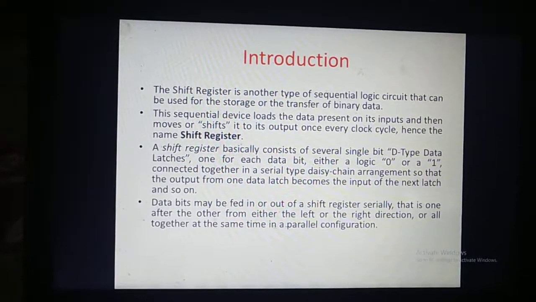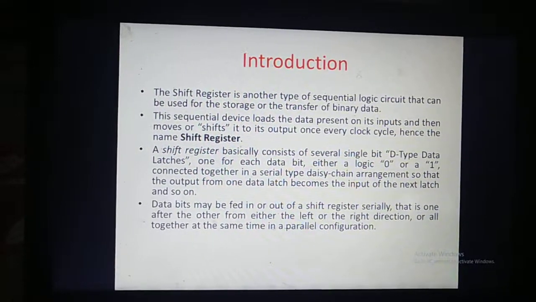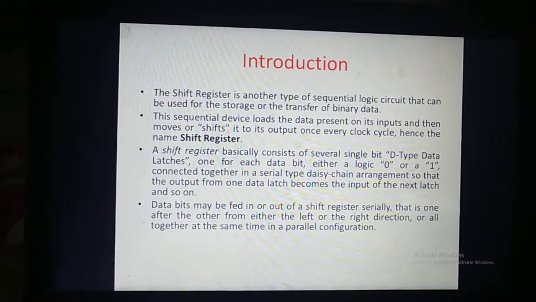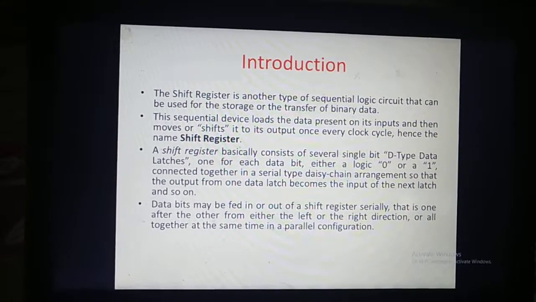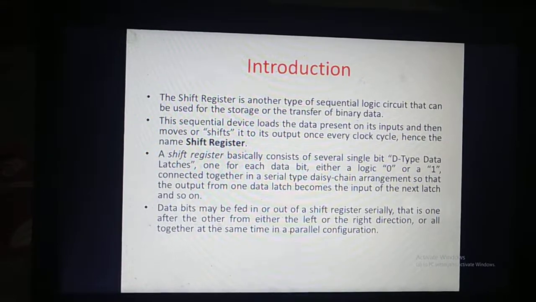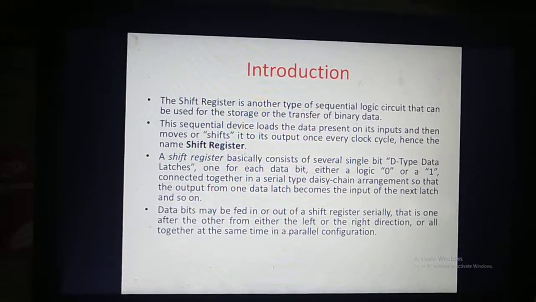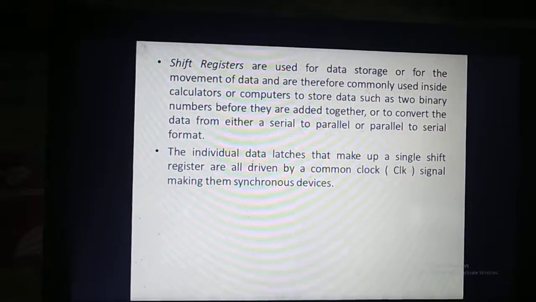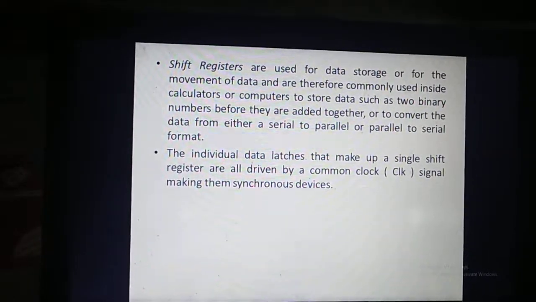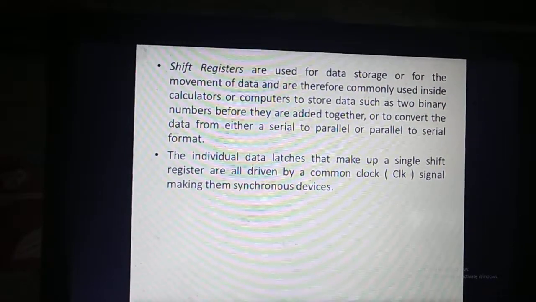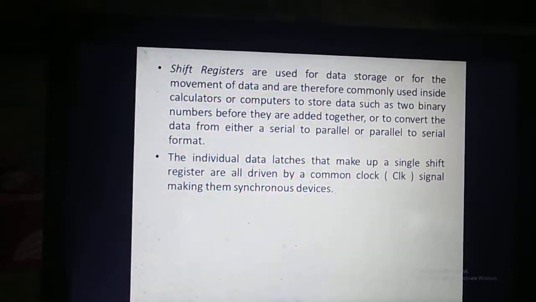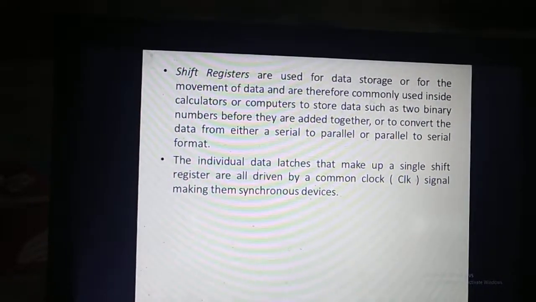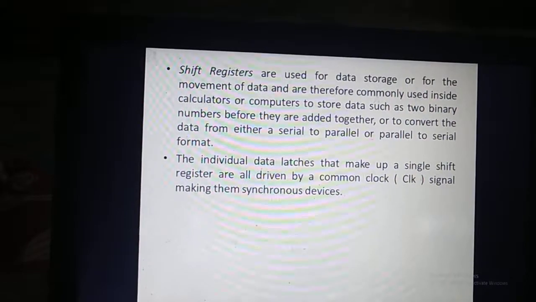Data bits may be fed in or out of a shift register serially, that is one after the other from either the left or the right direction, or all together at the same time in a parallel configuration. Shift registers are used for data storage or for the movement of data and are therefore commonly used inside calculators and computers to store data such as two binary numbers before they are added together.